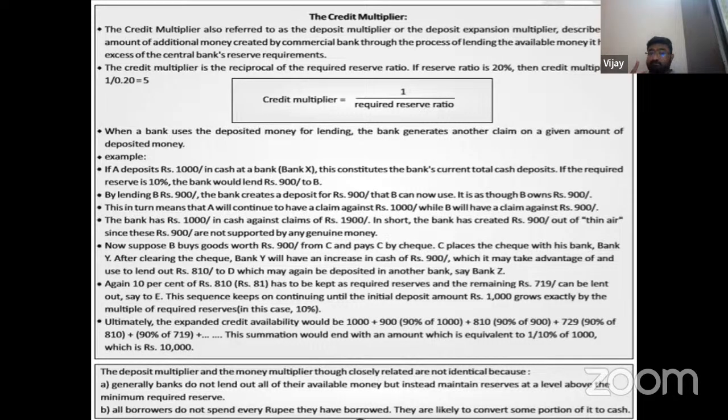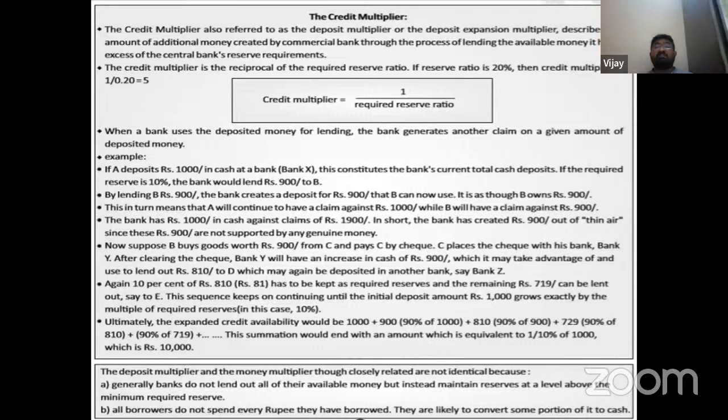So the lesser the reserve ratio, the more will be the money supply. Same way, instead of 5%, if the reserve ratio is 20%, then the credit multiplier will be 5 times.